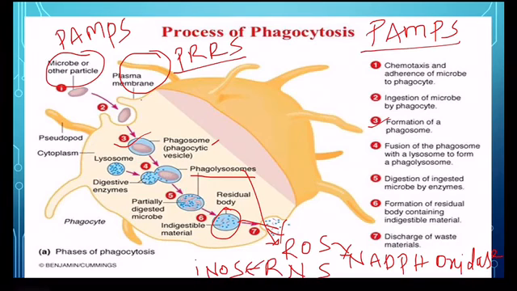They are involved in killing the antigen, and the oxidative burst, taking the oxygen, produces reactive oxygen species and reactive nitrogen species, which are highly potent antimicrobial agents. The undigested material, called the residual body, is released outside in the form of exocytosis. So this is the basic mechanism of phagocytosis shown by the phagocytes.